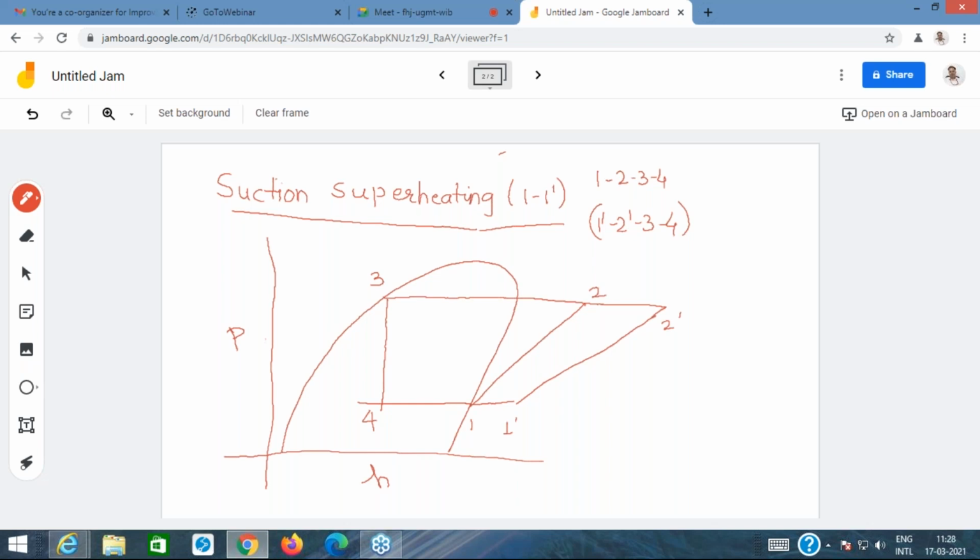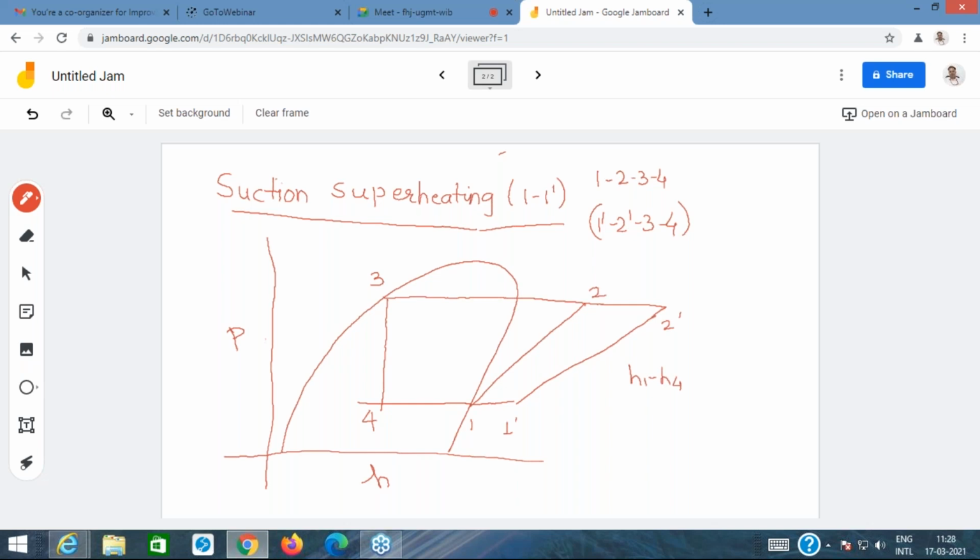If you compare the saturation cycle with the cycle with suction superheating, you would understand that the specific refrigerating effect has increased. And what was the specific refrigerating effect earlier? Earlier, meaning the saturation cycle, it was H1 minus H4.